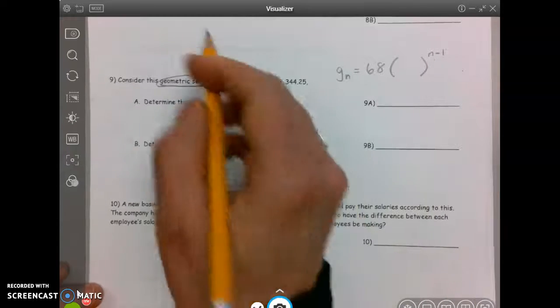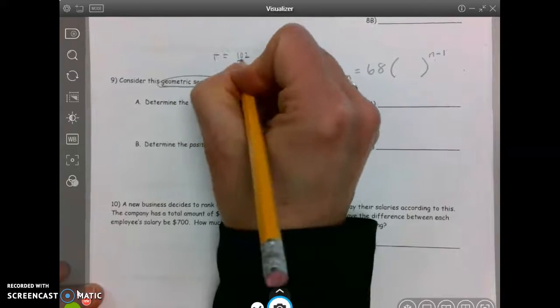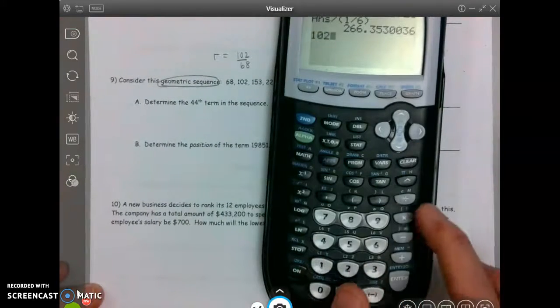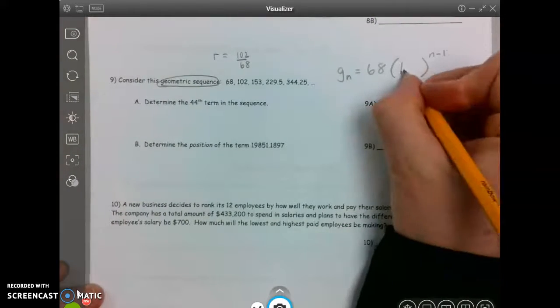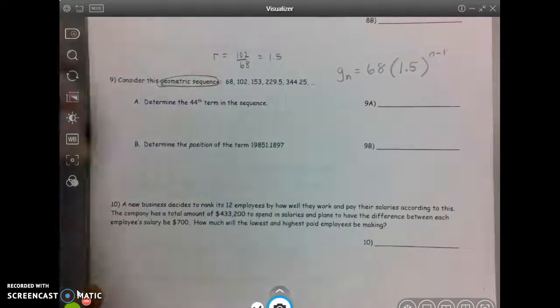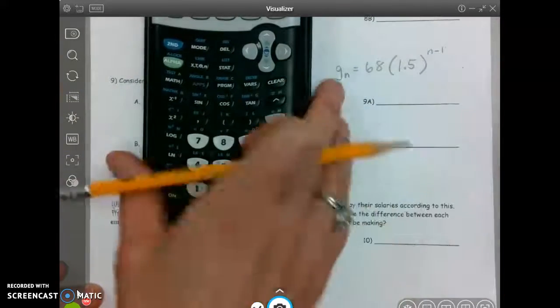In order to find my constant ratio, I take term divided by previous term. So 1.5. And I can test that to make sure. 153 divided by 102, also 1.5.